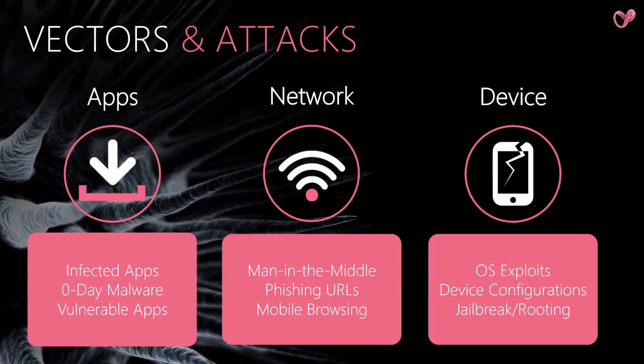And then the device. According to a survey, more than 70 percent of mobile phones are jailbroken, or compliance-failed phones, or have OS-related exploits. So we need to check all three vectors: the applications, the network, and the device.